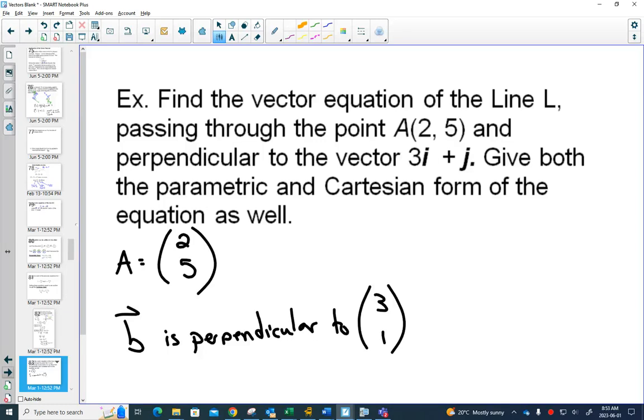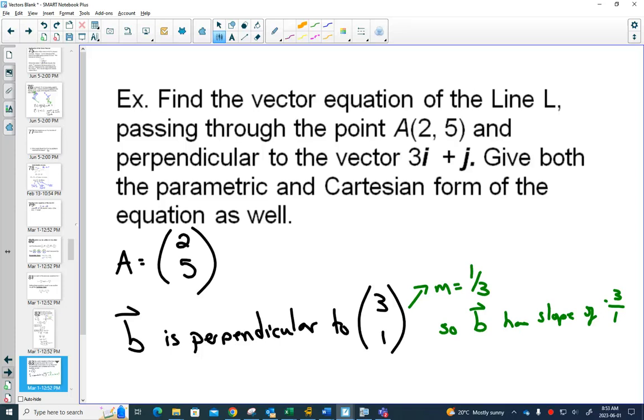Well, we can think back to grade 10 math, and if two things are perpendicular in 2 dimensions, then the slopes are negative reciprocals.